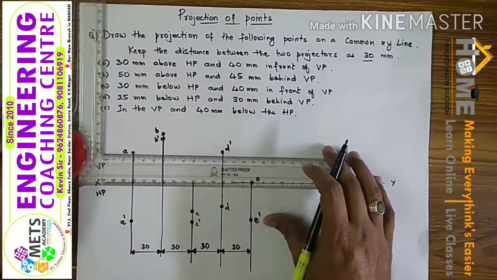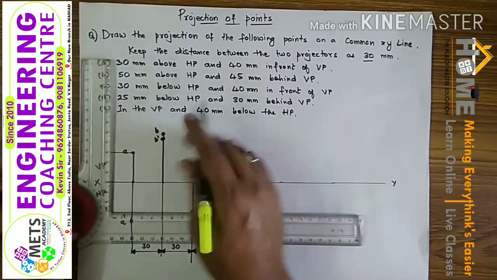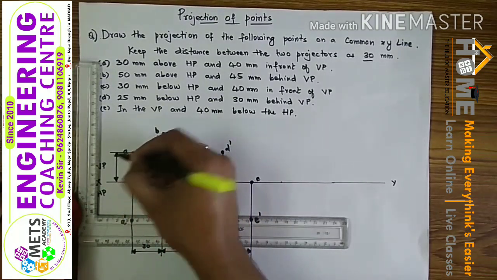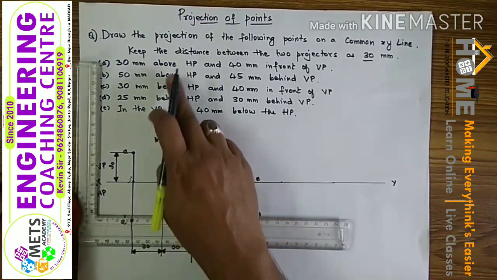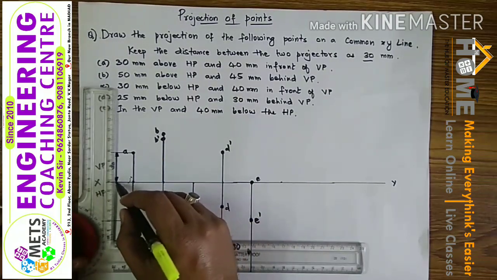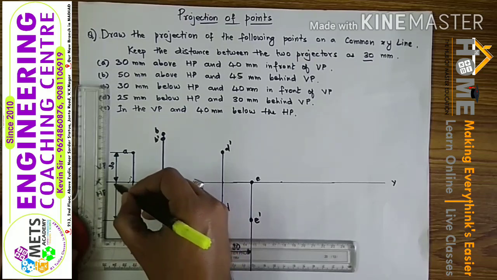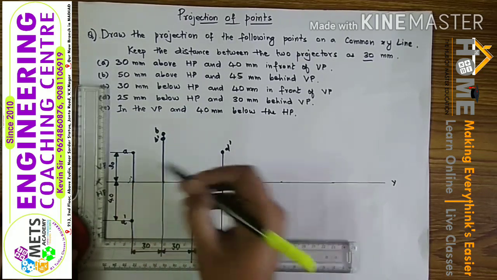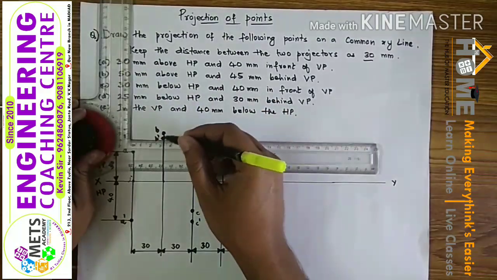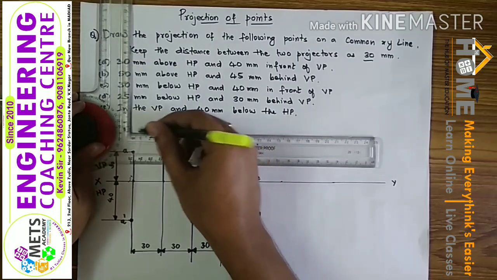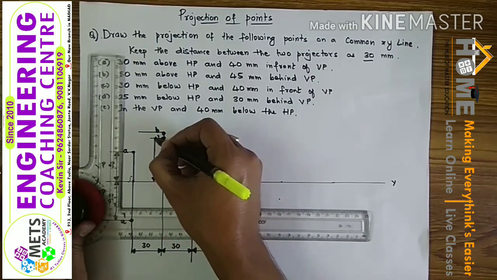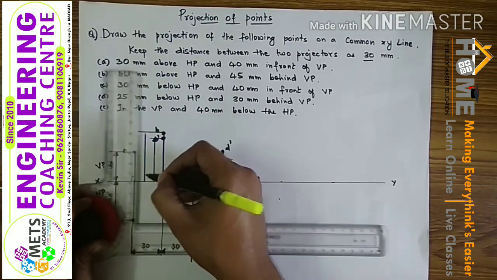Now A is 30 mm above HP, so this is the 30 mm. To show the dimension of this, first you have to take a projection line, then a dimensioning line, put an arrow mark. How much is it? 30 mm. Then 40 mm in front of VP, this is 40 mm. I have to show this dimension also. Then 50 mm above HP: for each point I have to draw the projection lines and dimensioning lines.